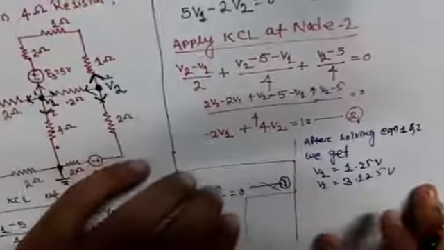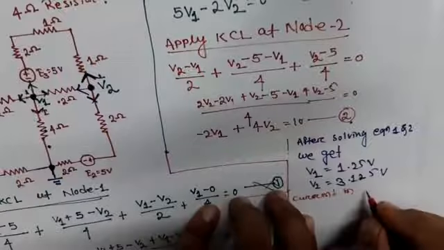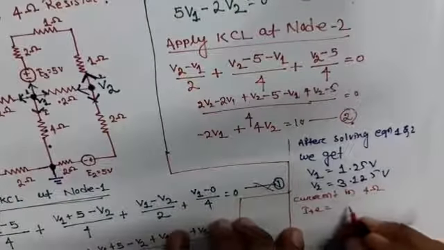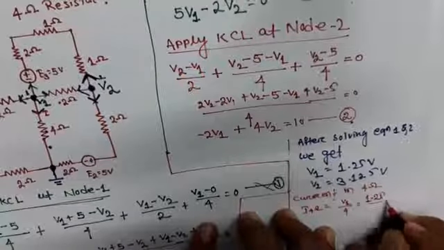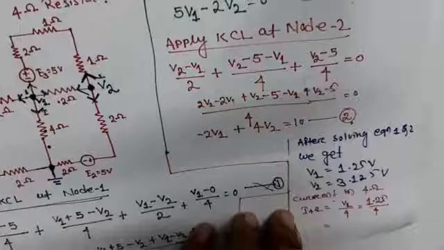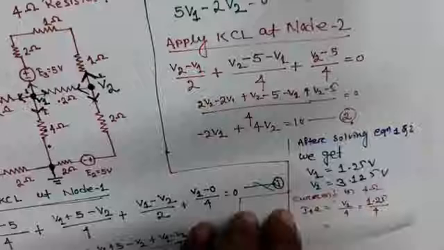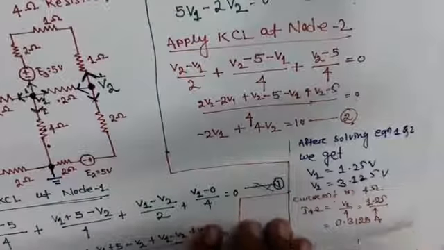Then V1 is 1.25, divided by 4, which is equal to 0.3125 ampere. This is our final answer.